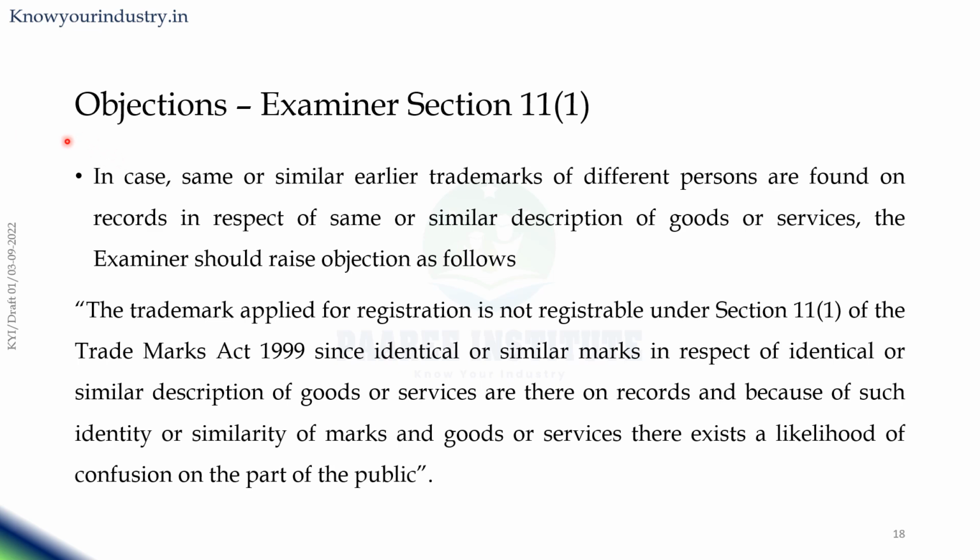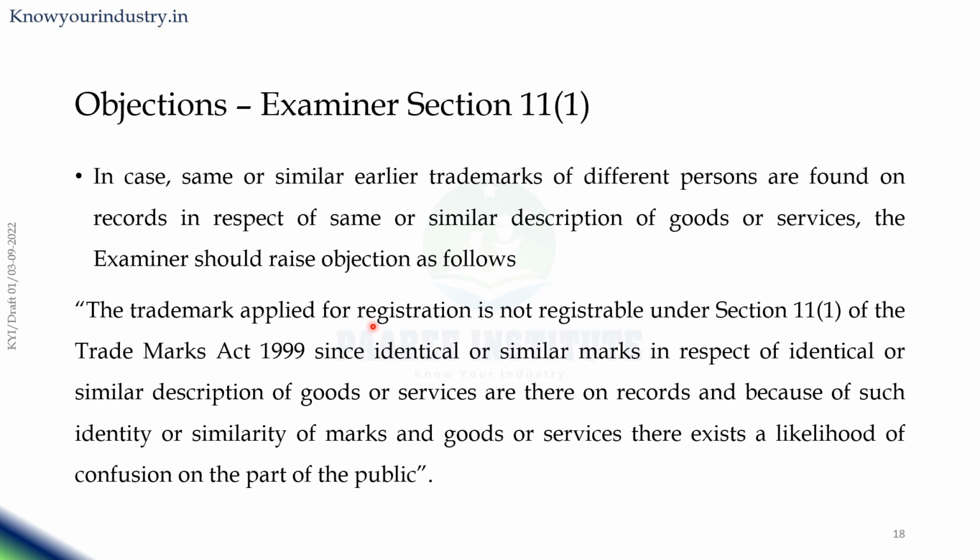So after comparing the earlier mark and the current trademark, if the examiner finds similar or same earlier trademarks of different persons in respect of the same or similar description of goods or services on record, then the examiner should raise an objection as follows.